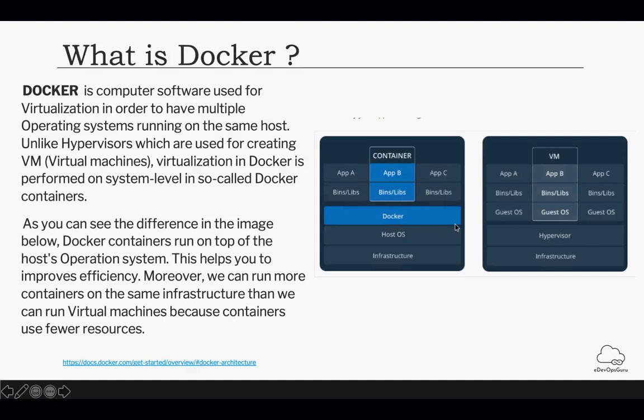On top of that we run the Docker engine, and on top of that we create containers. Containers run inside a host. They don't need separate virtual machines. If you already have a virtual machine, inside that you can run multiple containers. Does it answer the question? Yes, thanks for that brief.